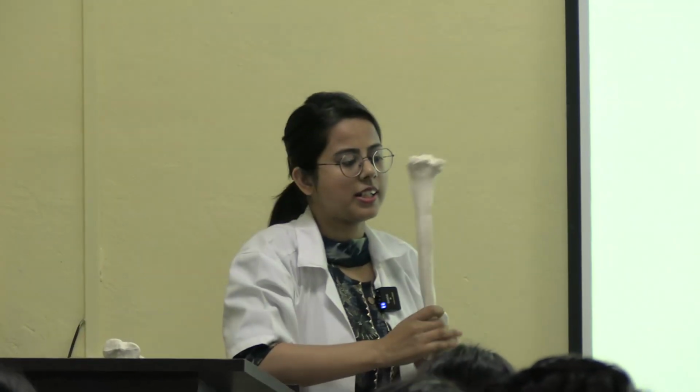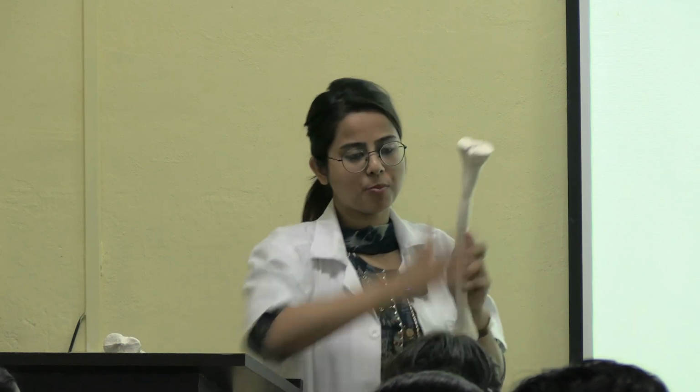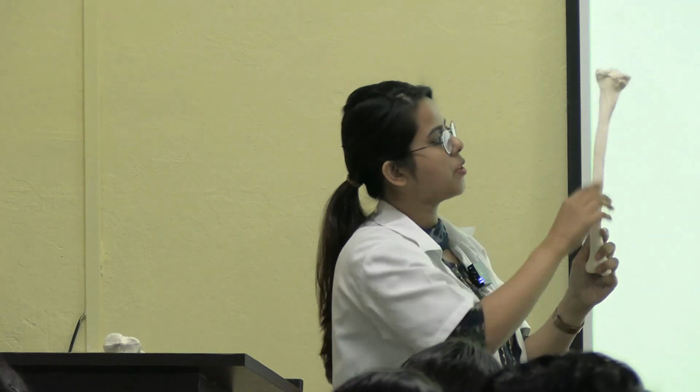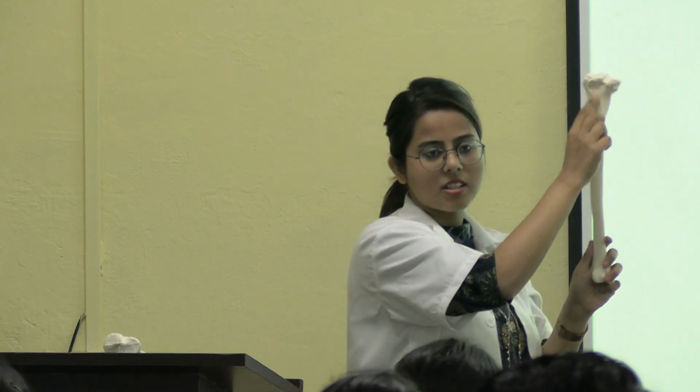And the nutrient artery in the case of the tibia is a branch of the posterior tibial artery, and this is the largest nutrient artery. Clear? I am explaining the posterior surface again. The posterior surface will be divided by this ridge, which is known as the soleal line.